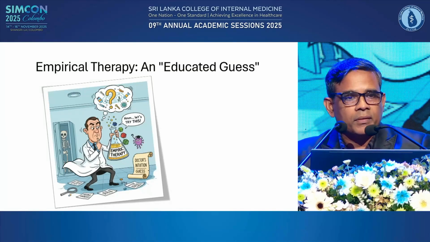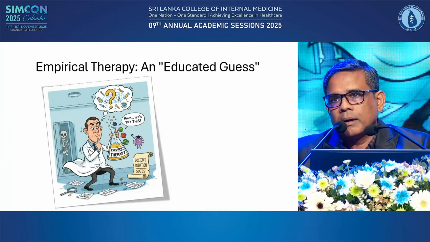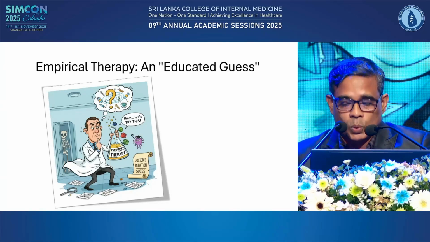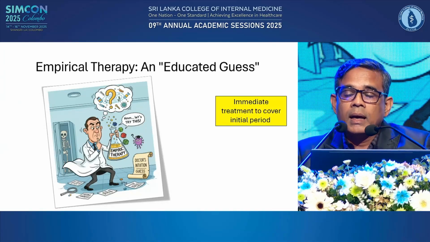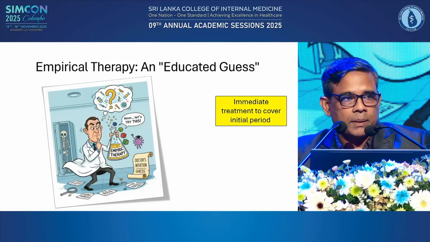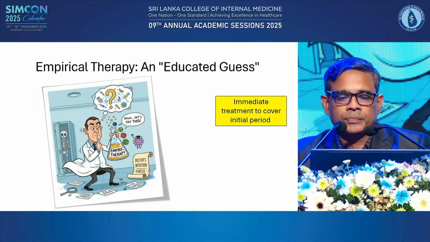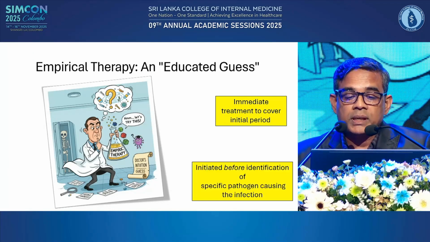One is empiric therapy. Generally, empiric therapy is something that you guess on an empiric basis. It's an educated guess based on your knowledge. It is something that you do in the immediate phase of infection to cover the initial period.